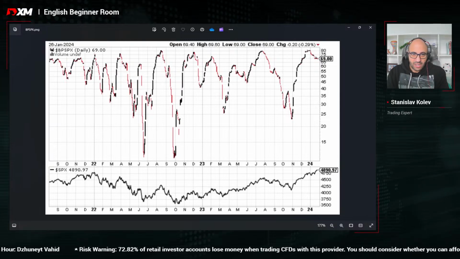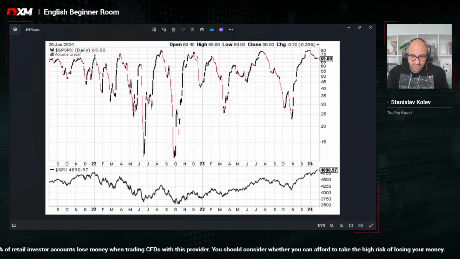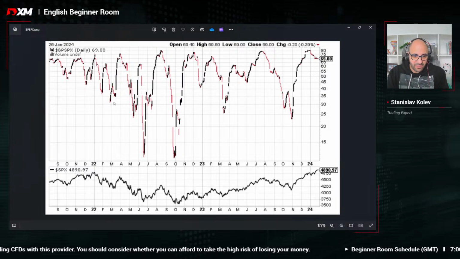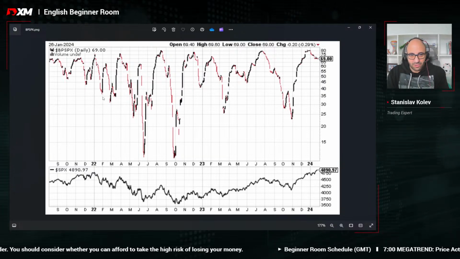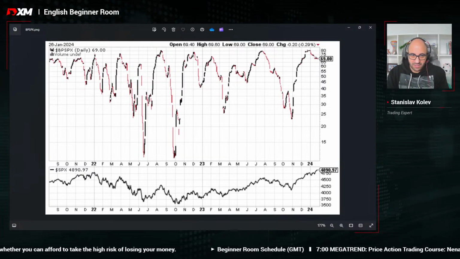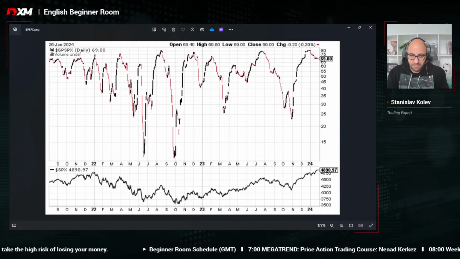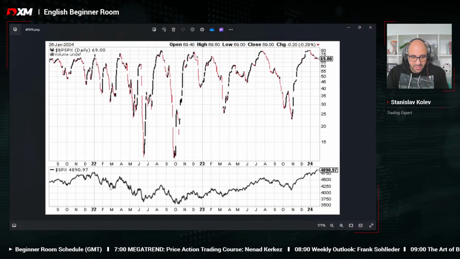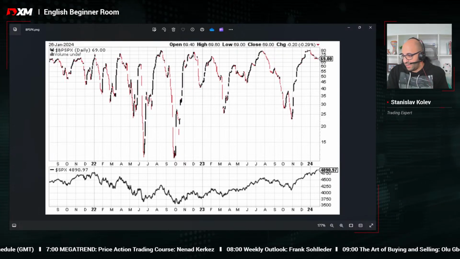So 70 and breaking below for a sell, and 30 and breaking above for a buy. So the moment that we get to 35, actually, this is the zone. We break below and go up, and this is happening middle of February, end of March.